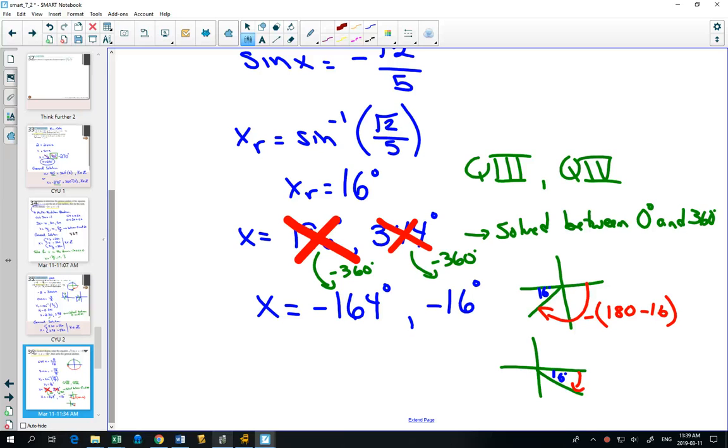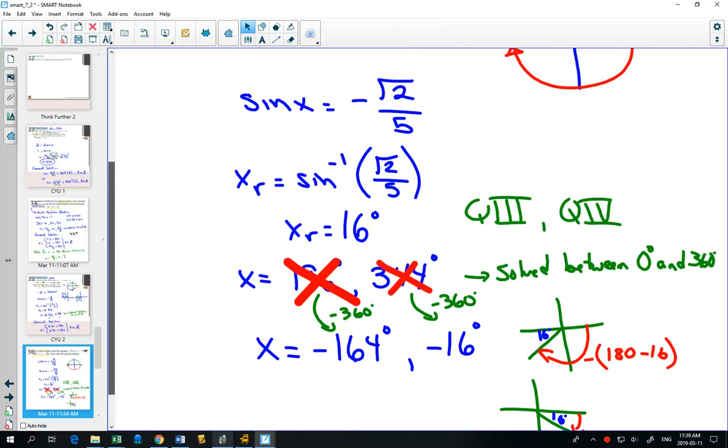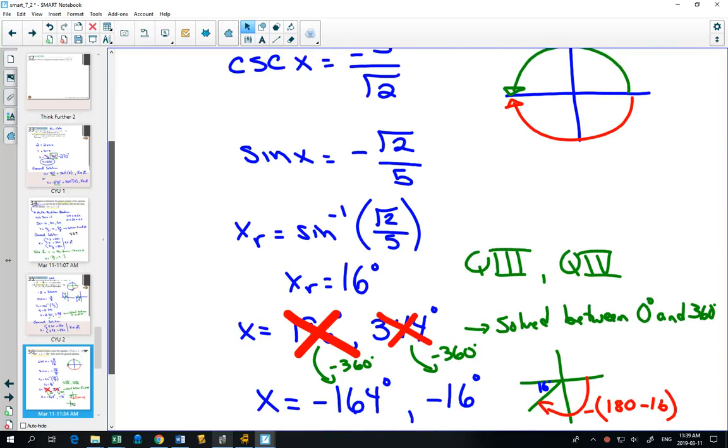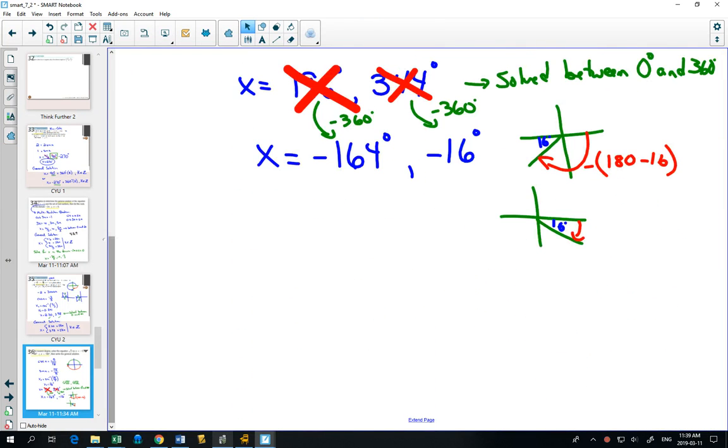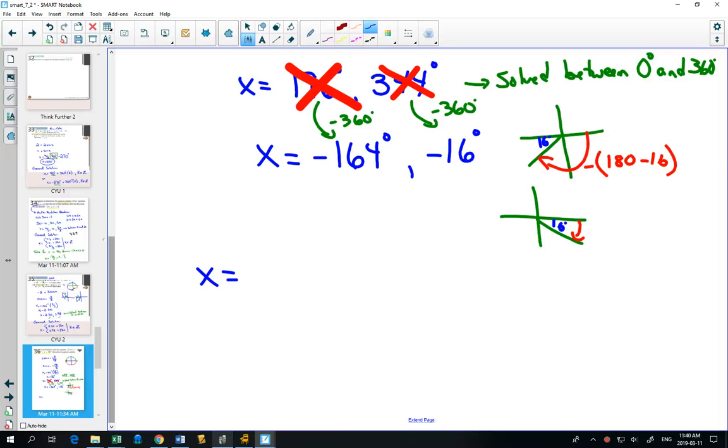We have to find what was coterminal in the answers that they gave us. And then they probably asked for the general solution. Let's double check, read it again. Yes, then write the general solution. So for the general solution, and this is why I like that we have these answers, even though we put x's through them. I like that we solved between 0 and 360 degrees to begin with, because our general solution says find all your answers between 0 and 360 or 0 and 2 pi.